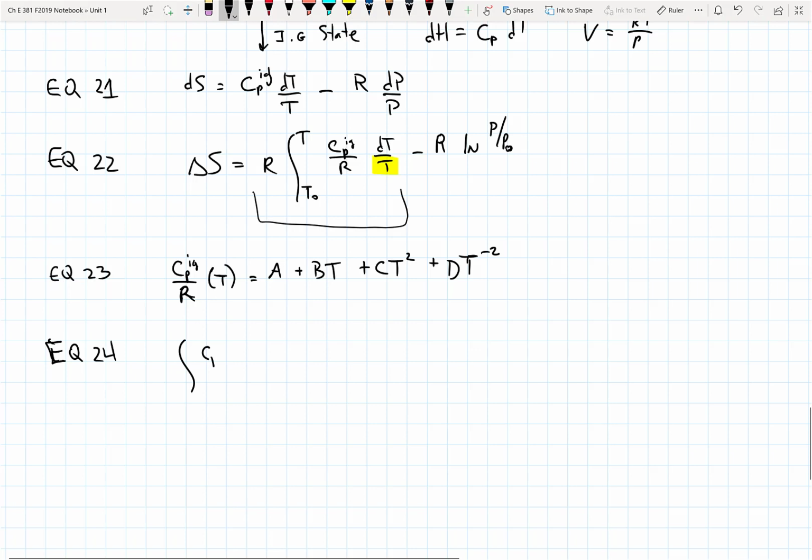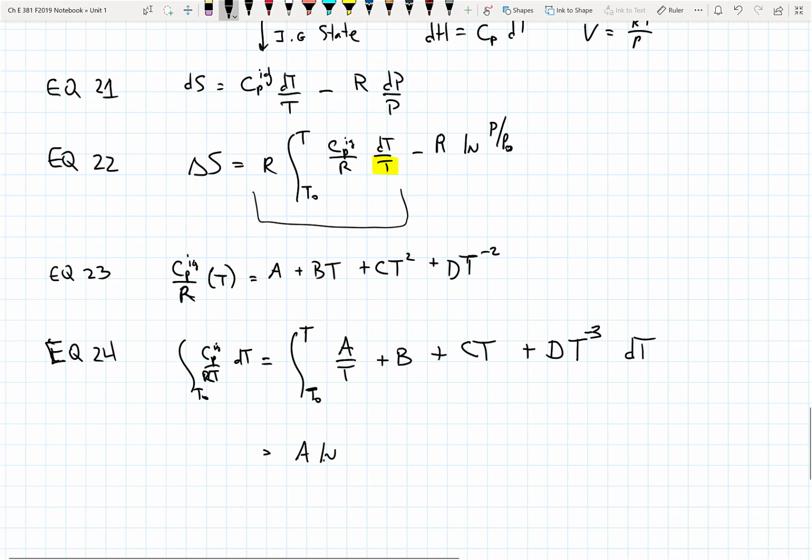So the integral of C_P^IG over R dT from T0 to T is going to be the integral from T0 to T of A over T plus B plus C T plus D T to the minus third dT. We can integrate that term by term.